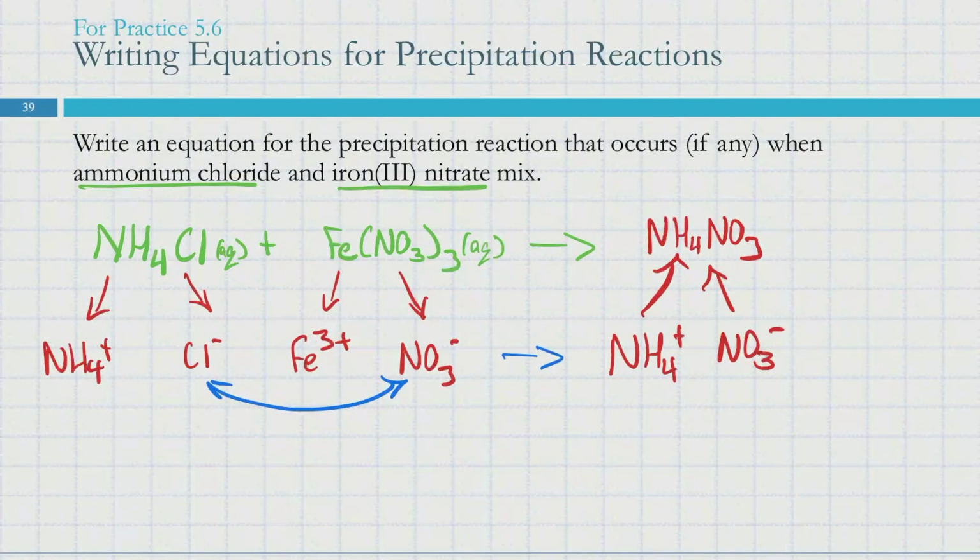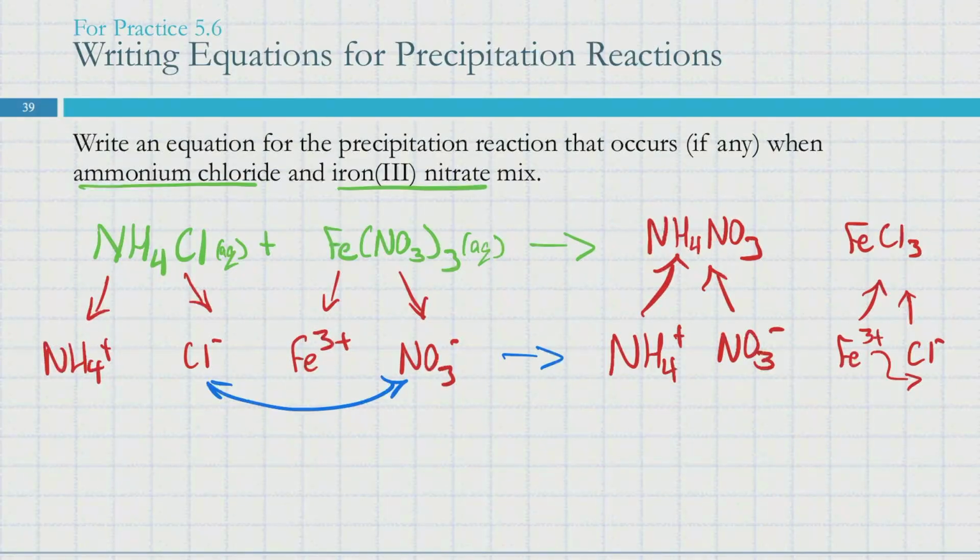It would be ammonium nitrate, NH4NO3. They just combine in a 1-to-1 ratio. Our other set would be the iron(III) Fe3+ and the Cl-. When we combine those, we get FeCl3, either swap and drop or just doing some mental math. So that's what I think was steps 1 and 2 on the previous slide.